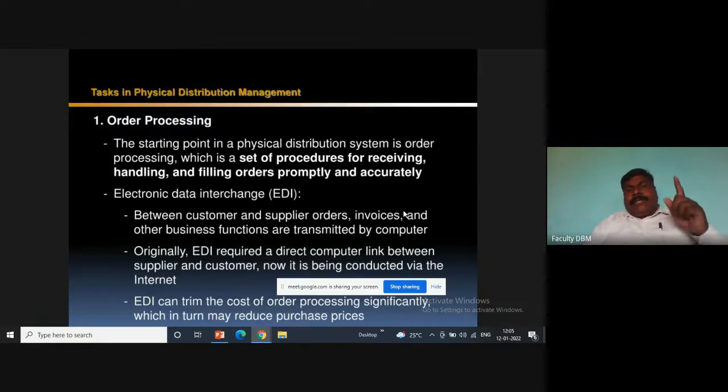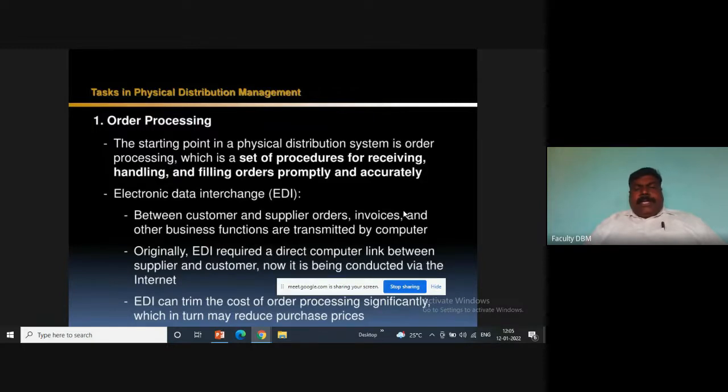That is, just-in-time approach should be made possible in physical distribution management, because when you process the order, it should be completed within a few hours or a few days. So between customer and supplier, orders, invoices, and other business functions are transmitted by the computer.